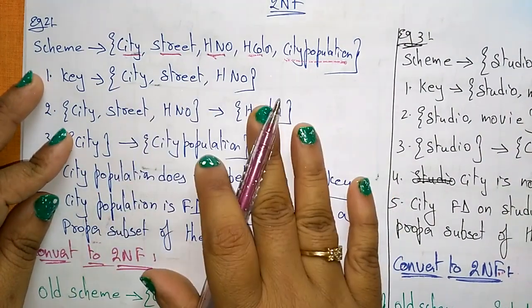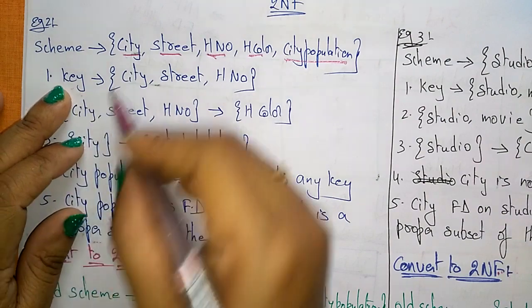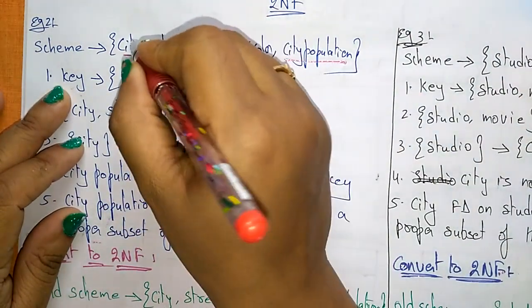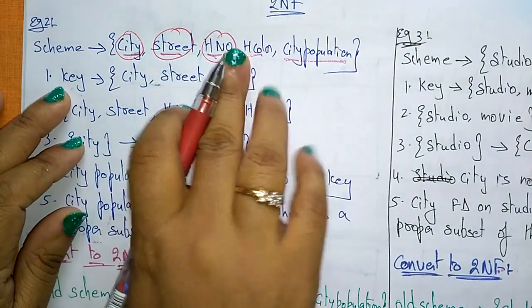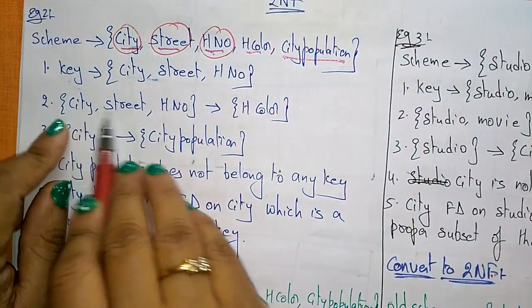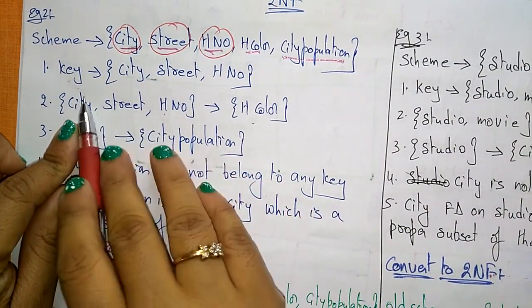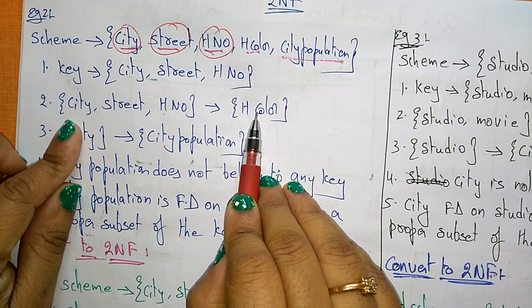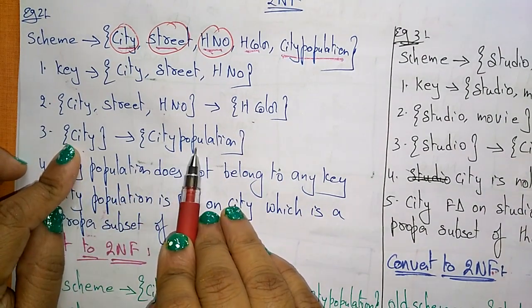The keys in this table are city, street and house number. All these keys determine the house color, and city determines city population.